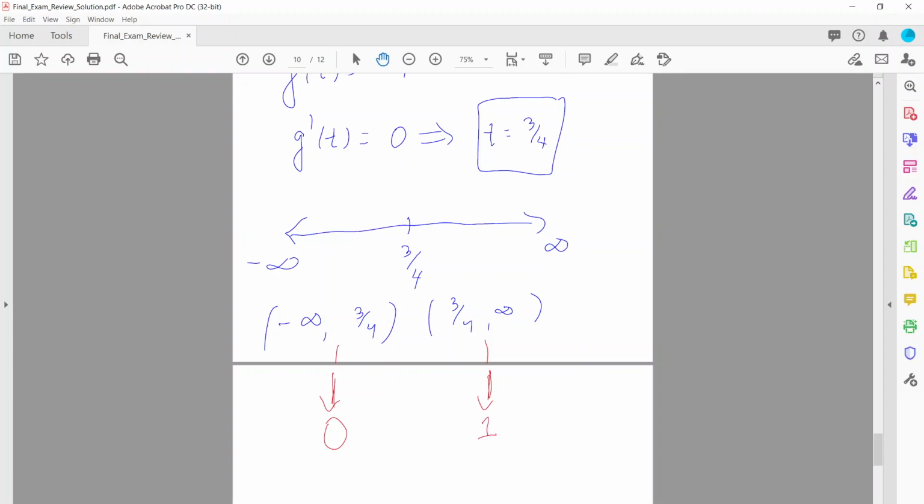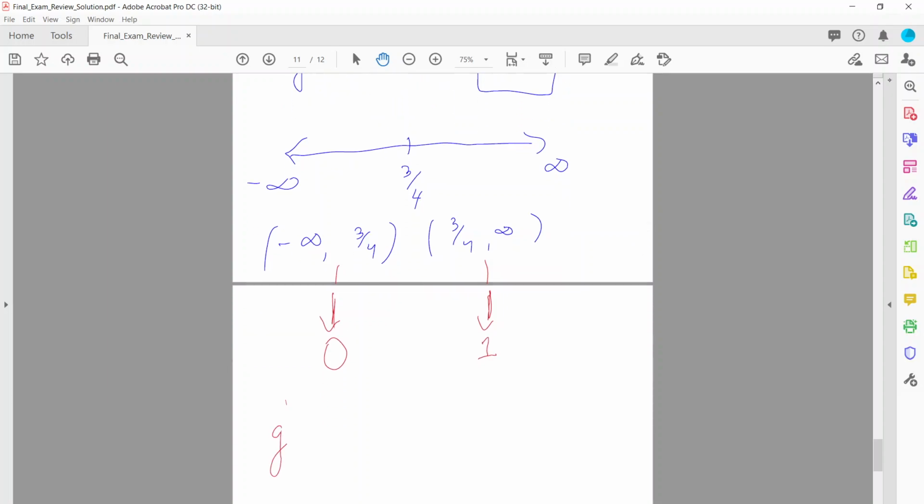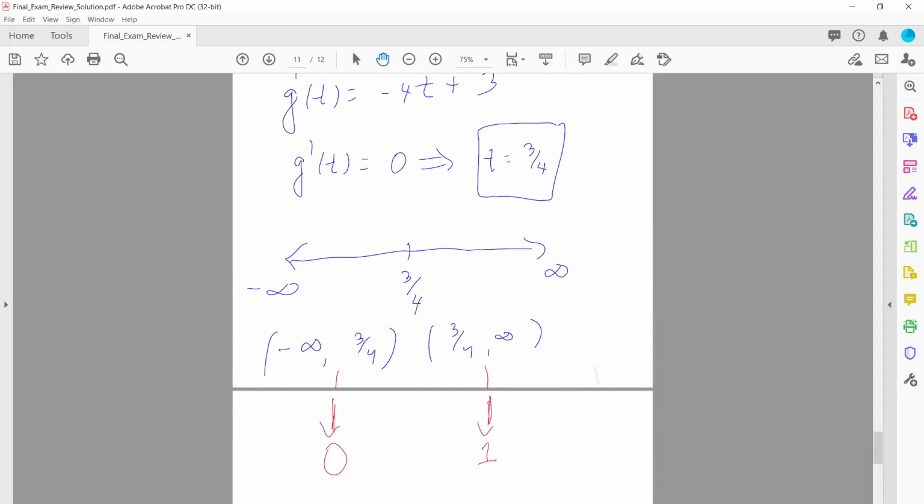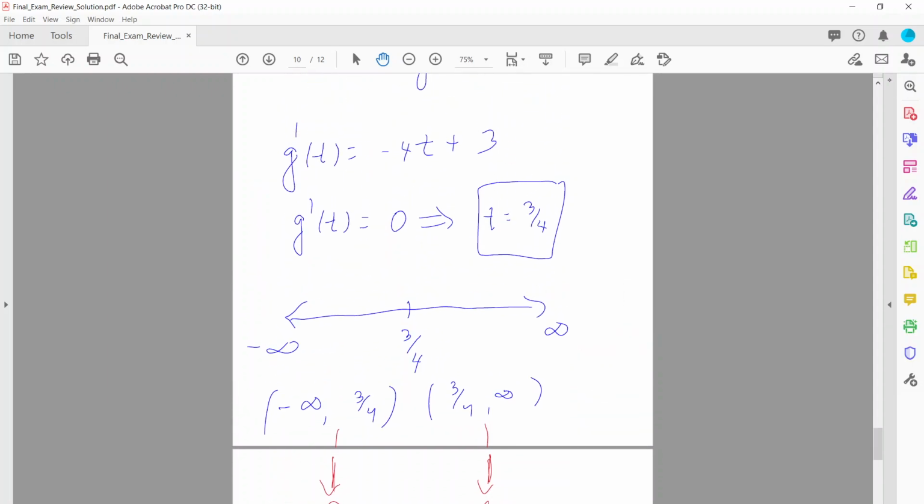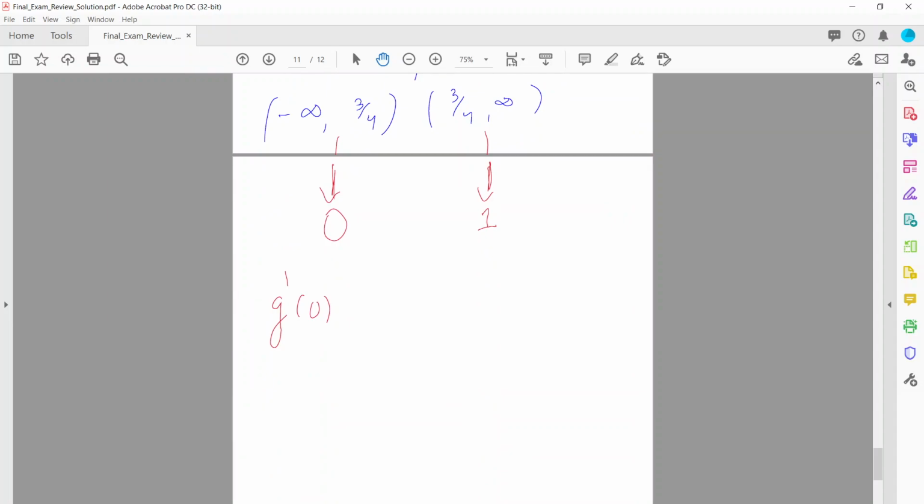Now we need to find the value of the derivative at 0. If you go back here and put t equal to 0, that would be +3. That means positive. Because the derivative at one testing point on this interval is positive, the derivative would be positive all the time here. So the function would be increasing on this interval.